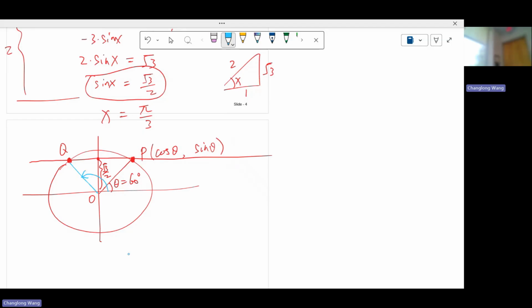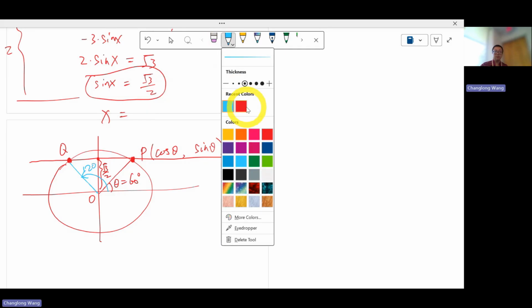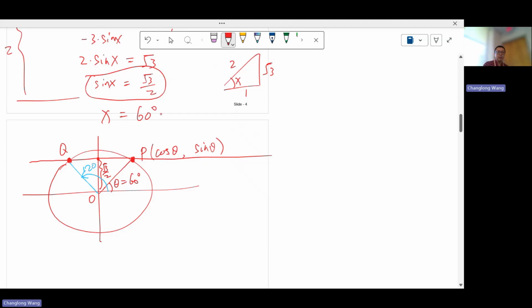So therefore, you're getting that second angle, which is 120 degrees, right? Therefore, we have two possibilities for sine of x equals radical 3/2. It could be as easy as 60 or 120 degrees. Okay.